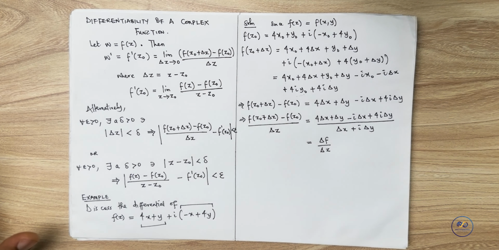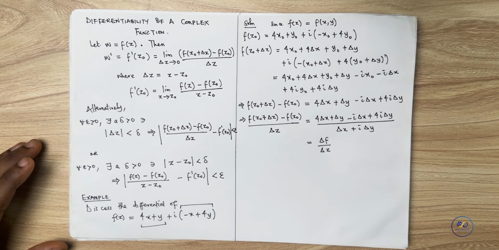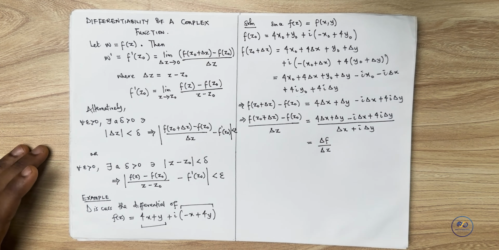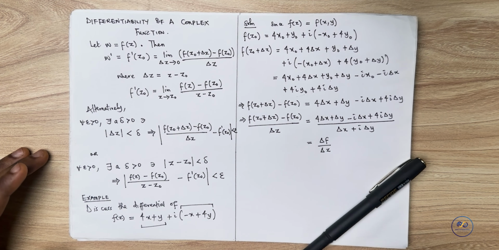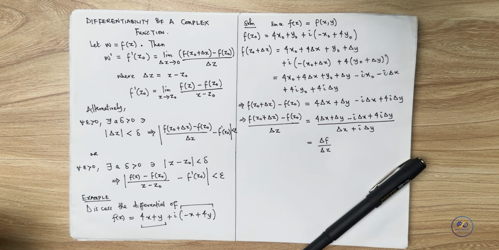Now, based off this notation, the question now arises that how exactly can we utilize this concept? Can we use this to evaluate the differential? Now, we can evaluate this differential along different directions.